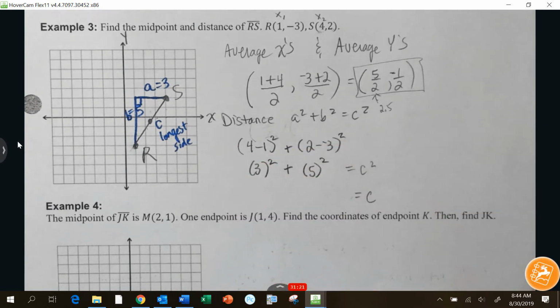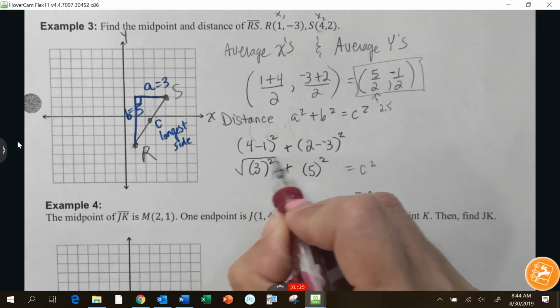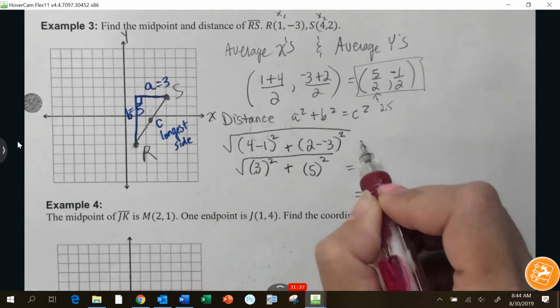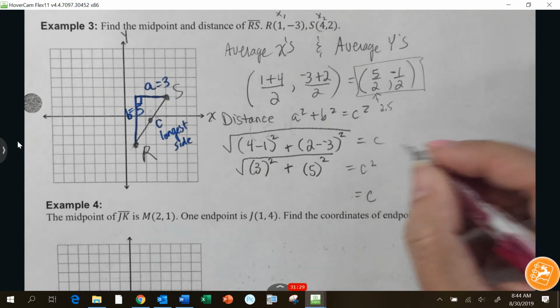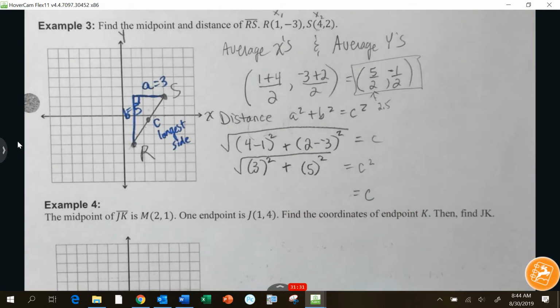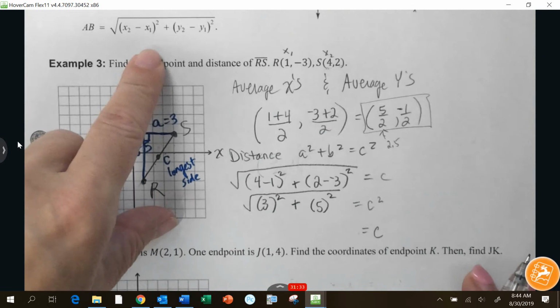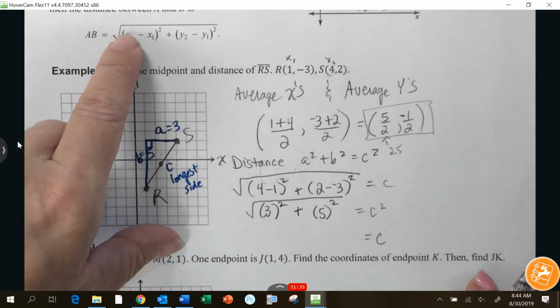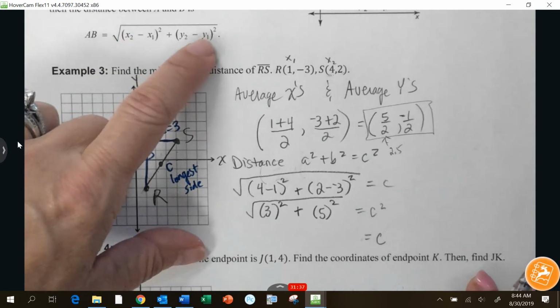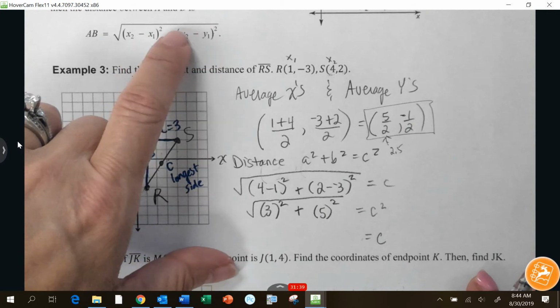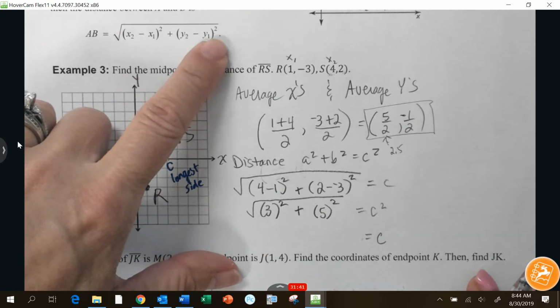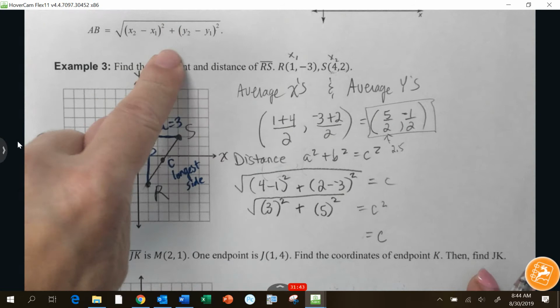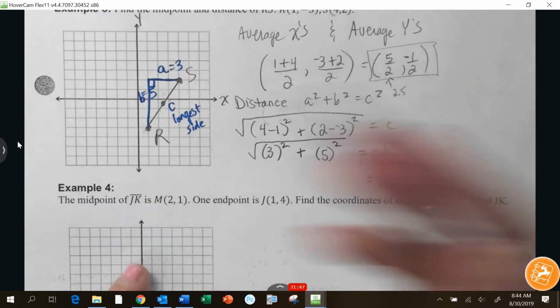You would have to square root. So this formula for distance up here is subtract the x's, subtract the y's, then square them, add them together, then square root. That's this formula right here. It just looks really confusing, but all I'm doing is the Pythagorean theorem.